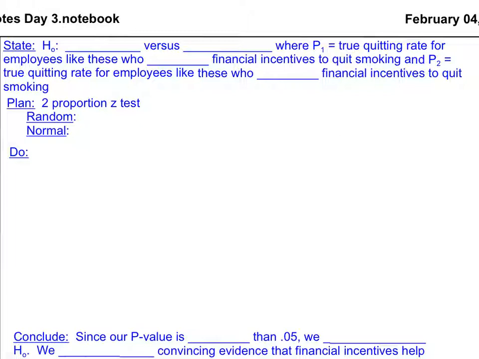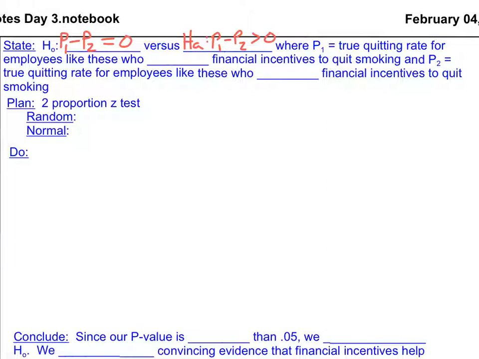Fourth step would look like this. We'll say H0 is P1 minus P2 equals 0. I'm going to do a greater than. If I set it up there, all right, so I'm saying that in HA that I think P1 is bigger.